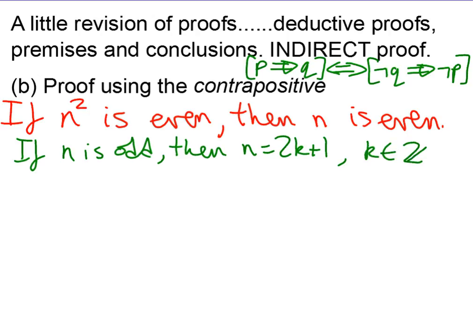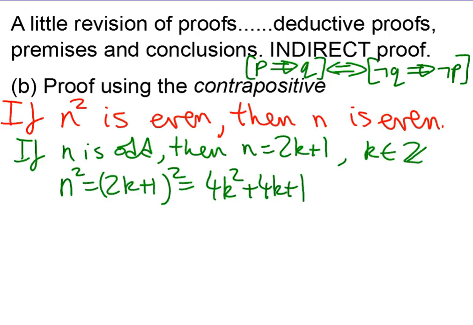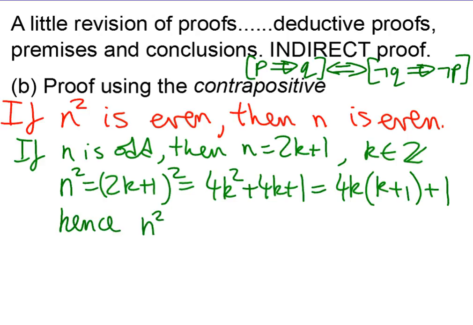I should have said in this one that n is an integer as well. Then n squared is (2k plus 1) squared, which is 4k squared plus 4k plus 1, which is 4 times (k squared plus k) plus 1. This has actually turned it into a direct proof by kind of going backwards. Hence, n squared is odd.